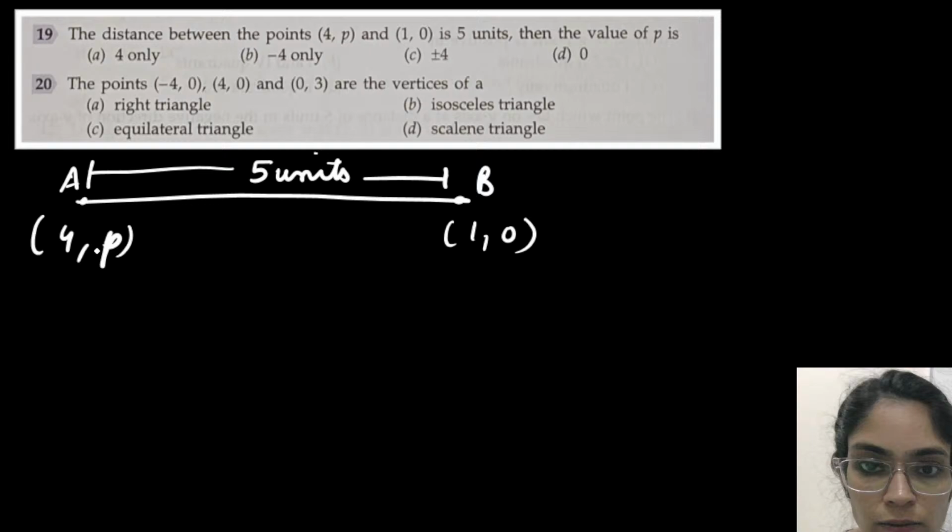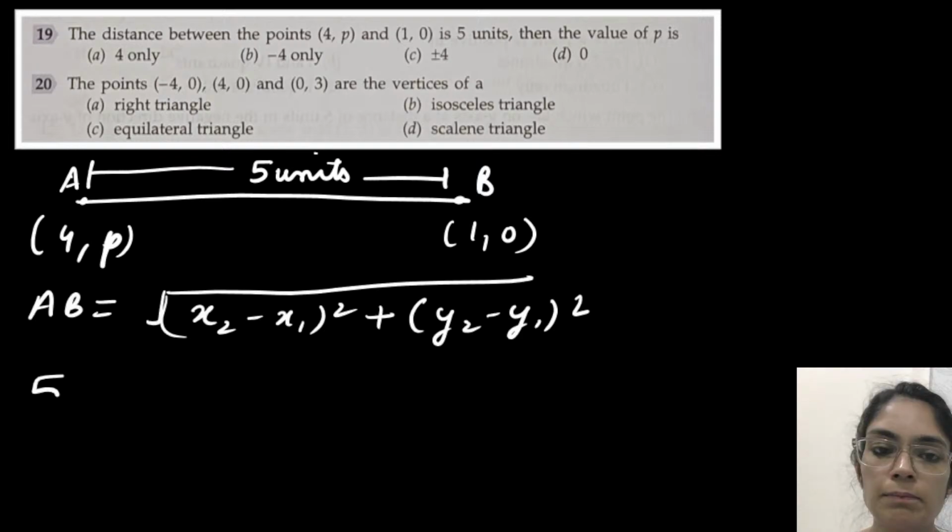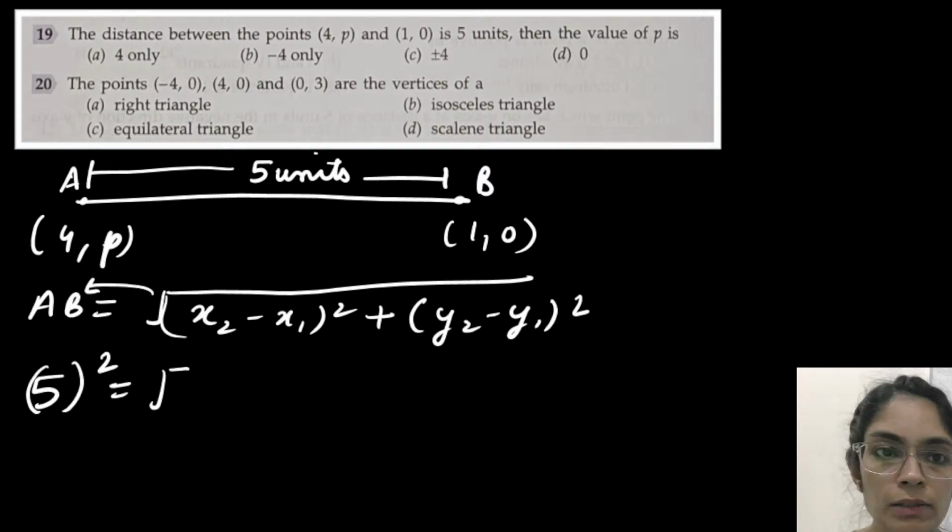AB's length we can find by using the distance formula. The distance formula is square root of x2 minus x1 whole square plus y2 minus y1 whole square. Here we have distance AB equal to 5. The square root will shift to the other side and become square. Now we'll substitute the values. This is x1, y1, this is x2, y2.